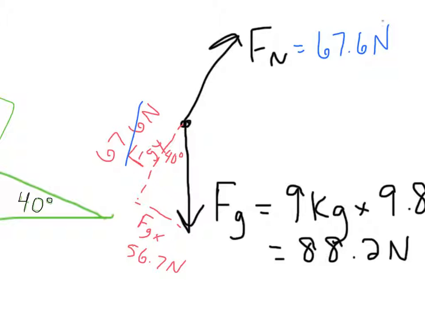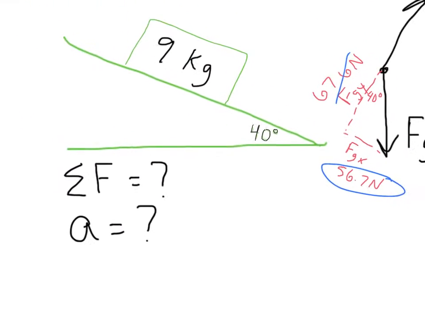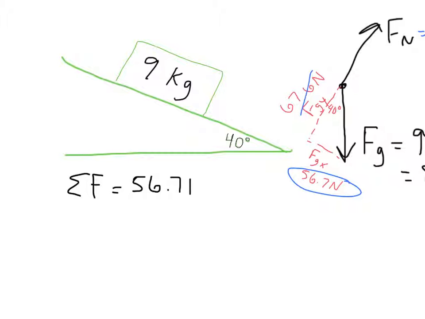So I don't really care about that or that. All I care about is this right here. So I'm going to take that number, and I'm going to say that my net force here is equal to 56.7 newtons.